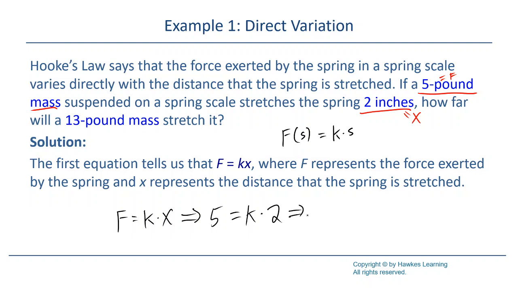And now I actually have what my constant K is. It's 5/2. By only knowing one instance, we've created a function that will measure it for any instance. So our function in this case is F equals 5/2 of X.